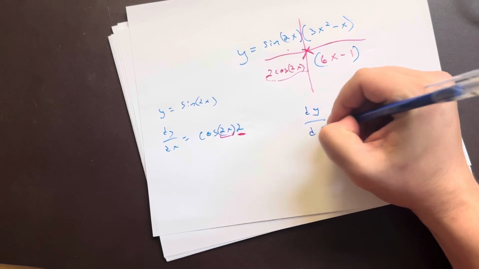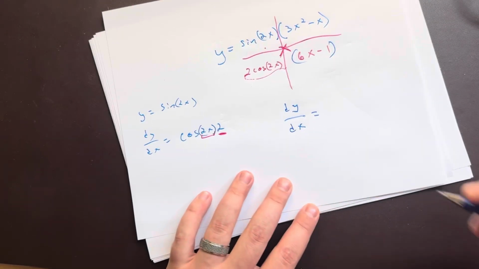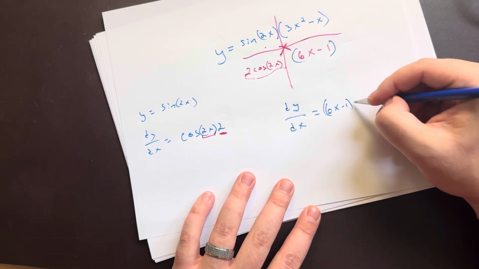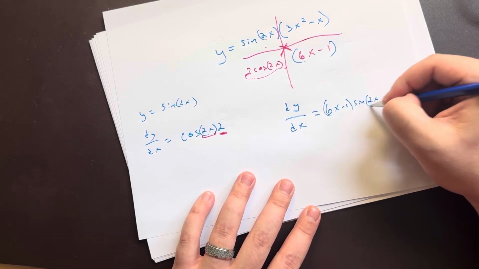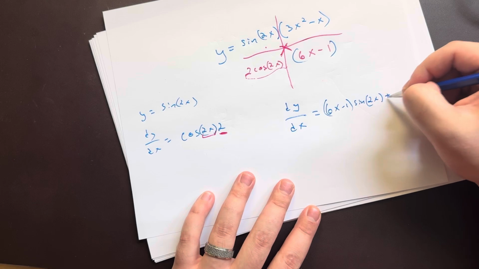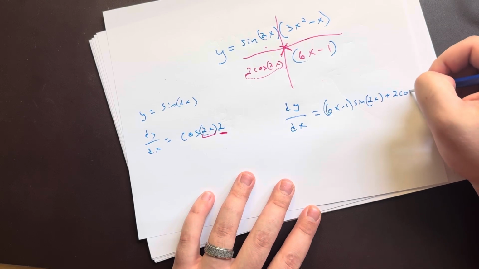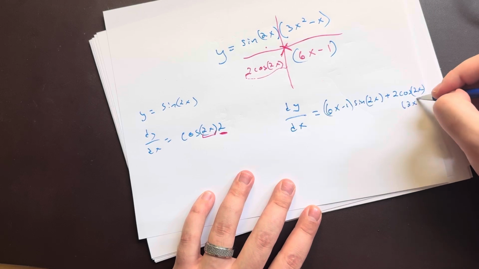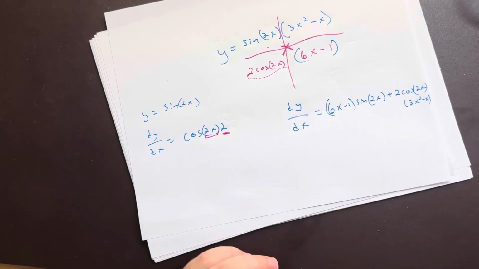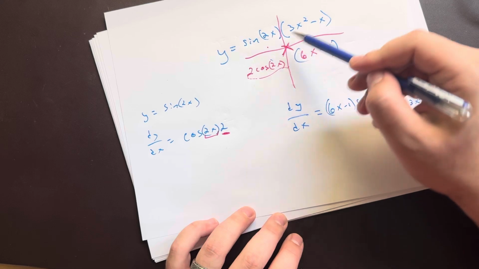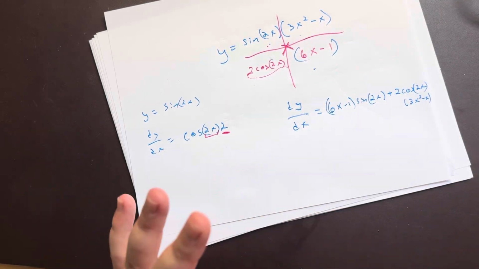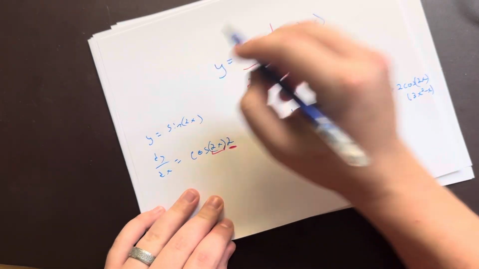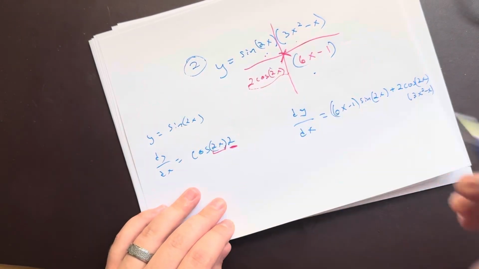When in doubt, parentheses. 6x minus 1 sine 2x plus 2 cosine 2x times 3x squared minus x. Right? We mix and we match. We go up and down. Product rule. That's a homework problem. I think that's number 2. How ironic.